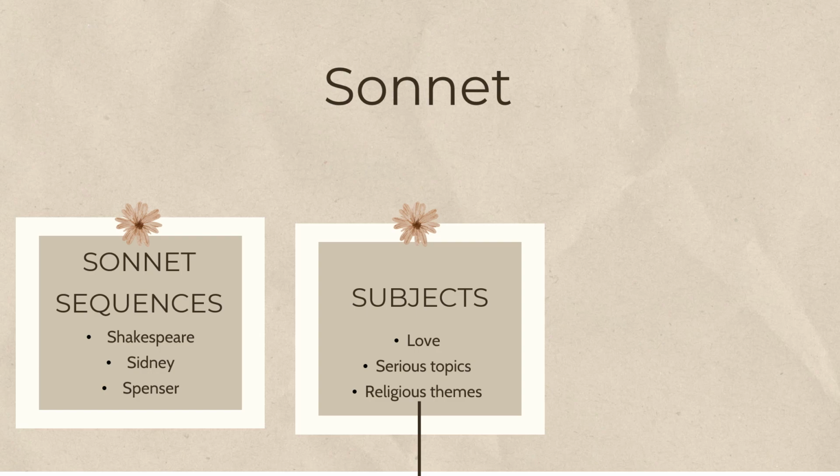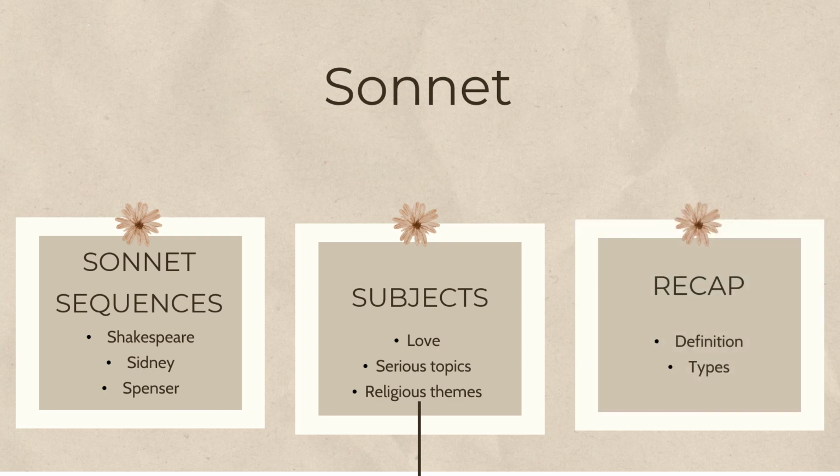So these are the major points about the sonnet form or the poetical type, the sonnet. We have seen the definition of the sonnet. We have seen the three different types of sonnets, which were the Italian, the English, and the Spenserian sonnet. We have seen that the Italian sonnet consisted of an octave and a sestet, and the rhyme scheme of it is ABBA, ABBA, CDE, CDE, or CDC, CDC. And the second type, the English or Shakespearean sonnet, consisted of three quatrains and a concluding couplet.